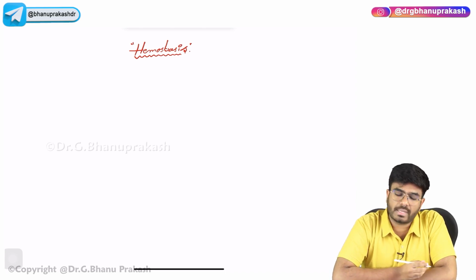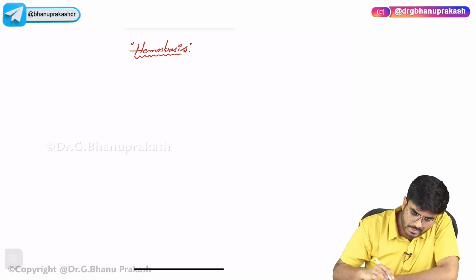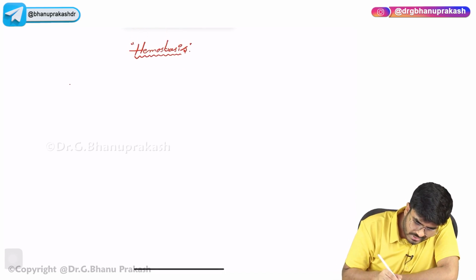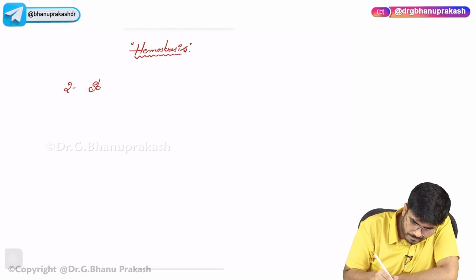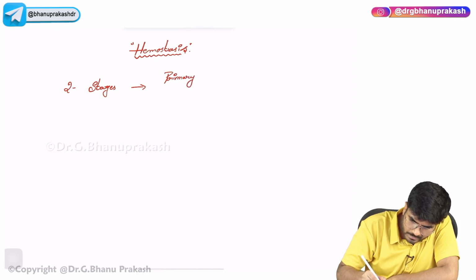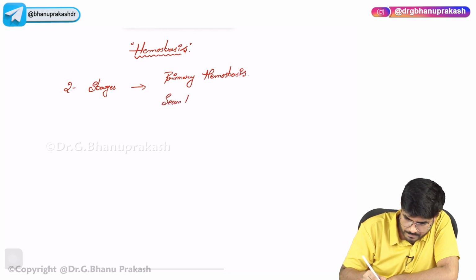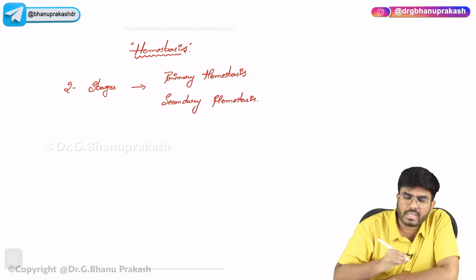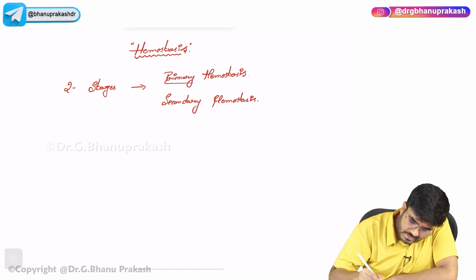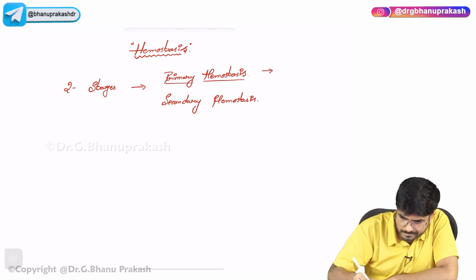So how exactly does this hemostasis happen, sir? And how many stages are there in hemostasis? There are actually 2 stages: primary hemostasis and secondary hemostasis. Right now itself I am telling you, primary hemostasis is totally dependent on platelets.